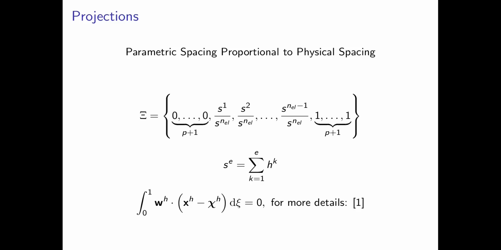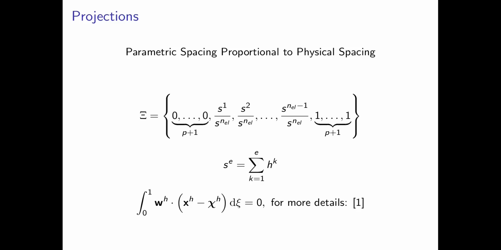More precisely, the position representation in the patch is found by solving this equation. Here, WH is the test function, XH represents the position in the patch, which is the unknown, KH represents the position in the block, and Xi is the parametric coordinate.